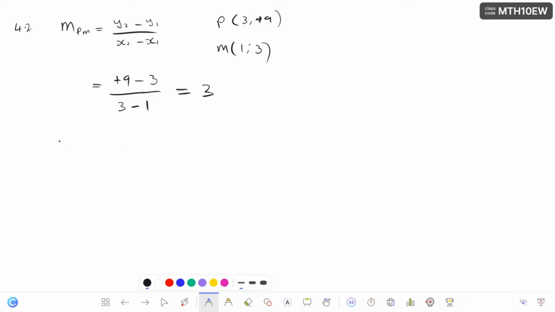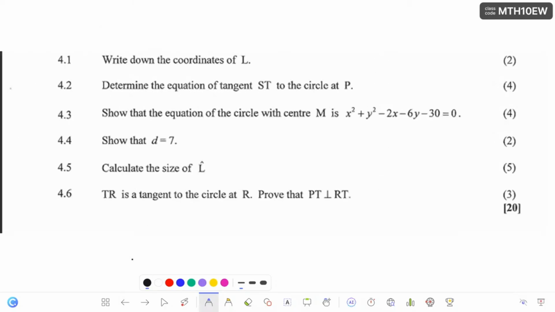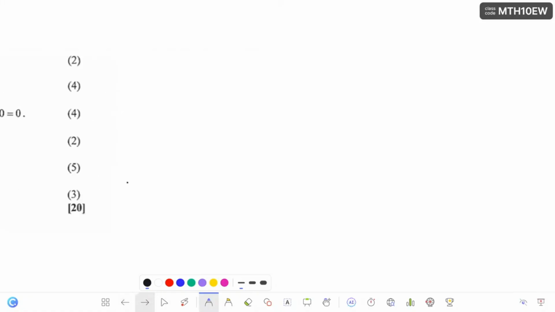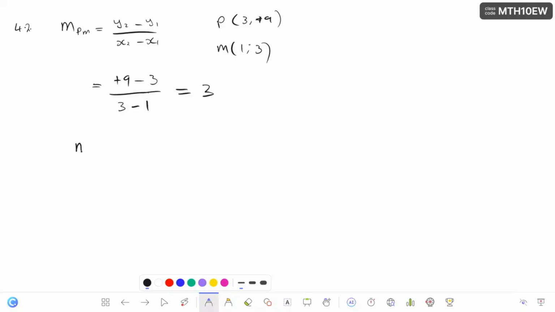So we can find the gradient of the tangent by using this formula: gradient of MP times gradient of ST is equal to negative 1. Why?